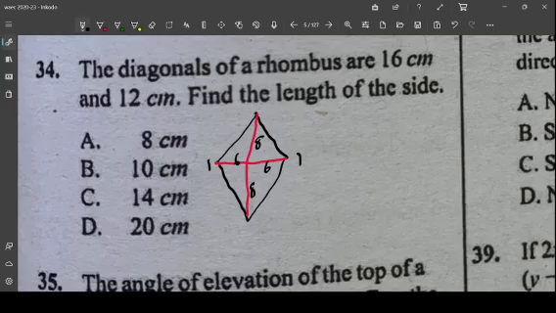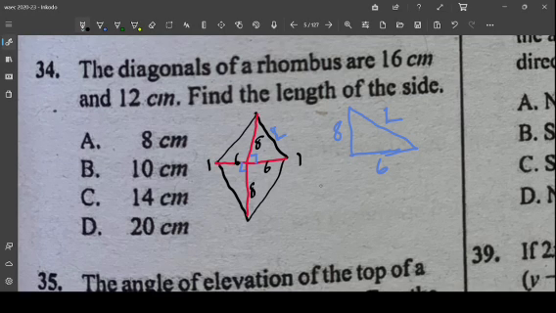I'm told to find the length of the side. So if I bring this shape out, you see I have a right angle triangle because these two diagonals meet at right angles. So I have a right angle triangle with this side 8, this side 6, and I'm looking for the length. So I'm going to apply Pythagoras theorem.